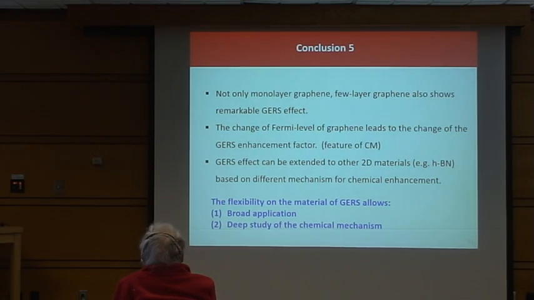So on this part, what I want to tell is that this effect is not only limited to monolayer graphene, it can apply to other graphene and other graphene derivatives. So it's very flexible in material choice, and it also offers a good stage for us to study the chemical mechanism in depth, because all of these materials and derivatives support the CM mechanism.